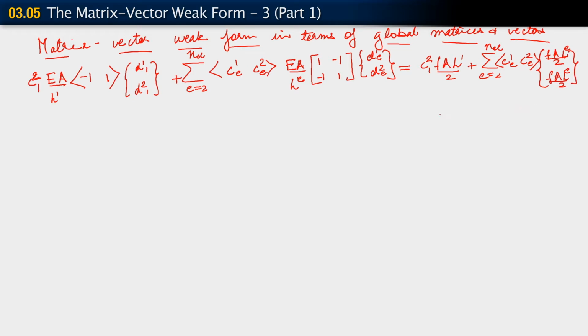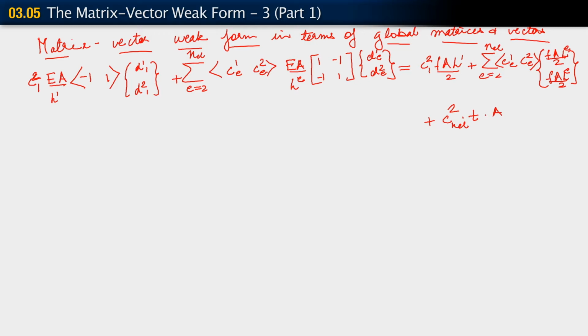And finally, we have this contribution from the Neumann boundary term, C2 NEL times T times A. Okay, this is what we have.